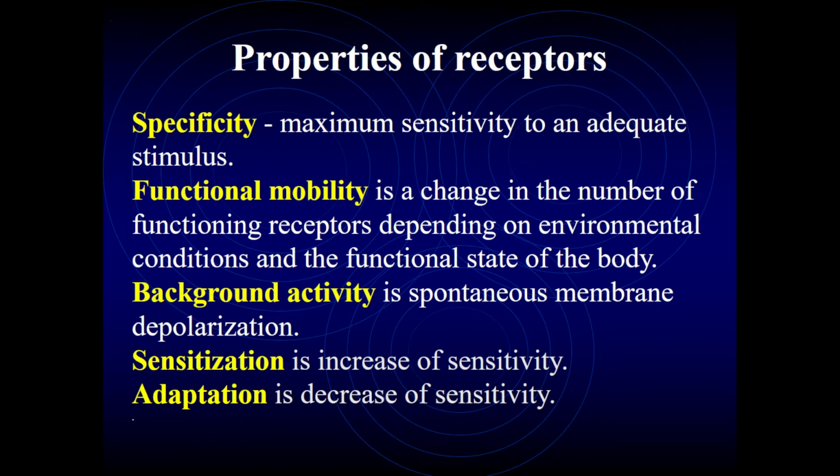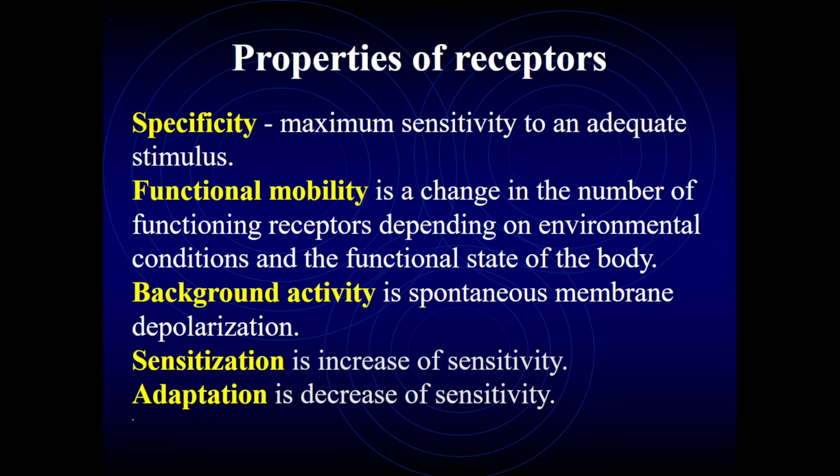For example, adequate stimulus for visual receptors is light. Photoreceptors are maximally sensitive to photons, to the light energy. Adequate stimulus for hearing analyzer is sound.